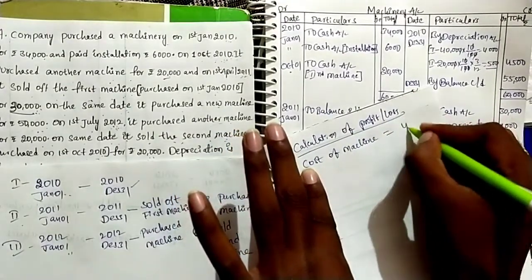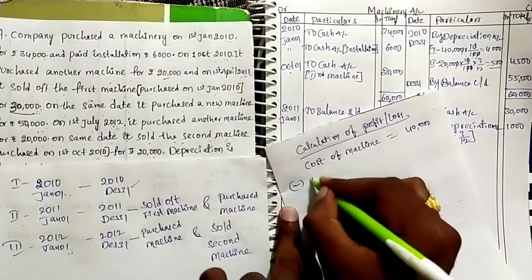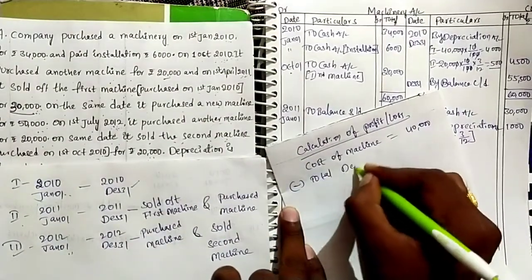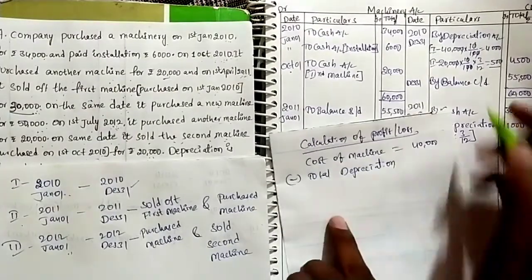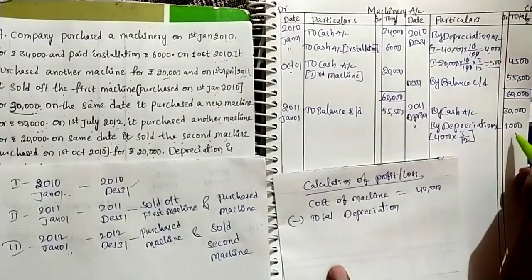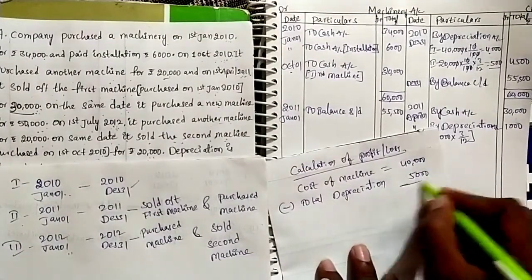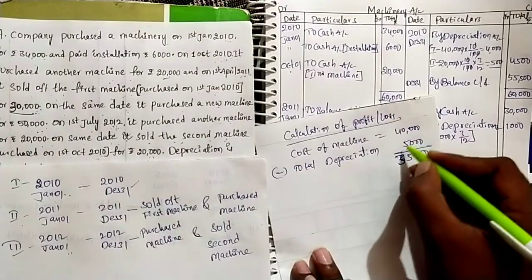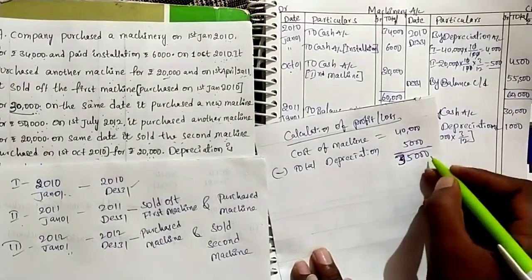What is the cost? 40,000 rupees cost. Okay, less total depreciation. In the first year we provided 4,000 rupees, in the second year we provided 1,000 rupees. Total 5,000 rupees depreciation. So after deducting depreciation, the value is 35,000 rupees.